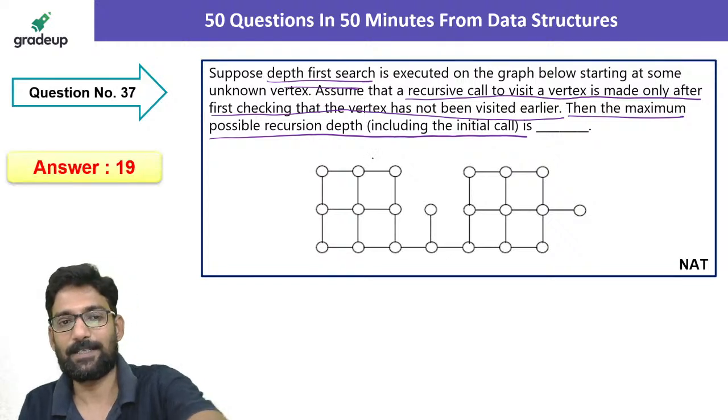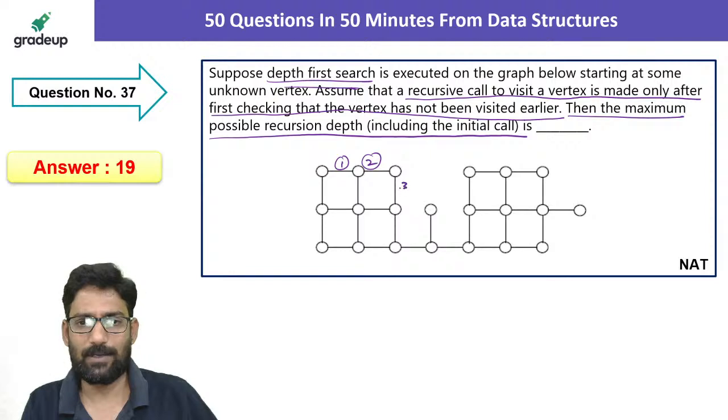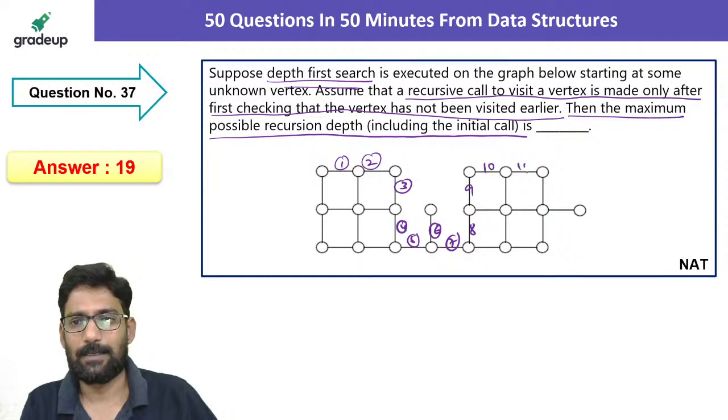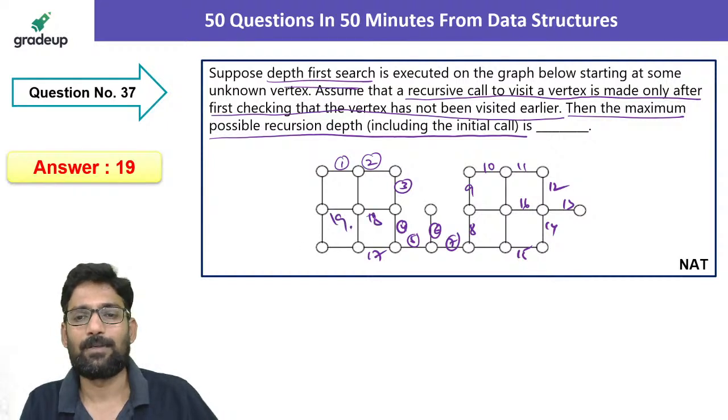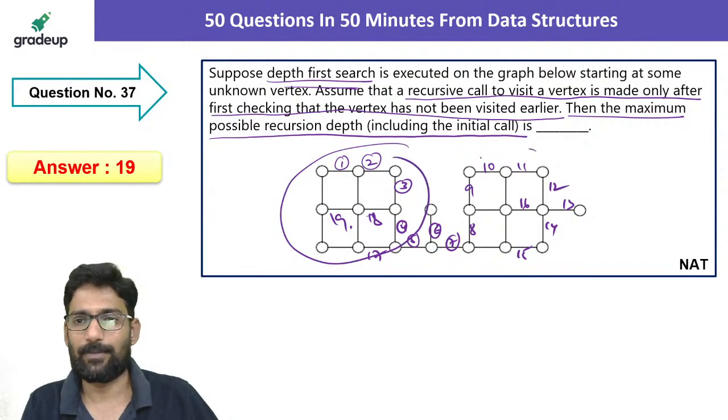The right answer is 19, because you just exclude anyone in the cycle. 1, 2, 3, 4, 5, 6, 7, 8, 9, 10, 11, 12, 13, 14, 15, 16. Let's say I am excluding this. So 17, 18, 19. So if you just exclude one from this, you will get it.